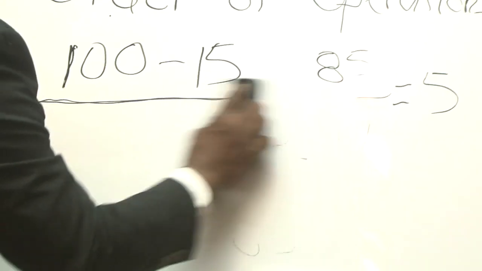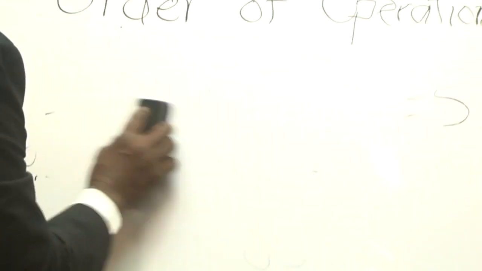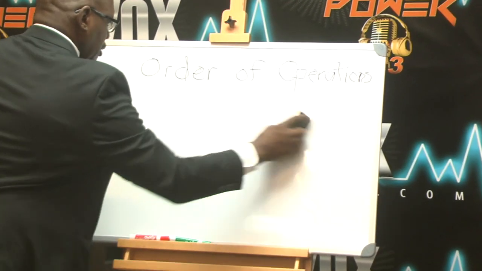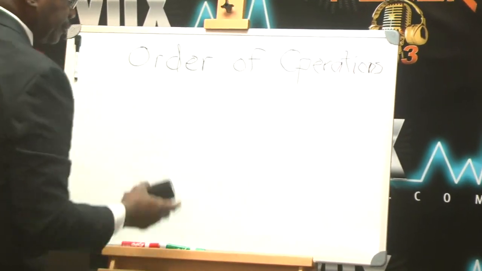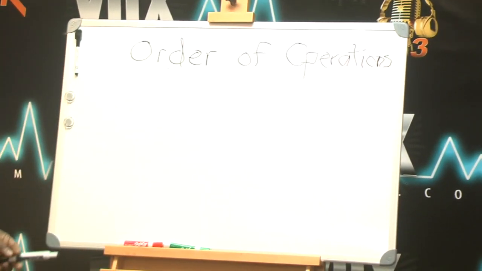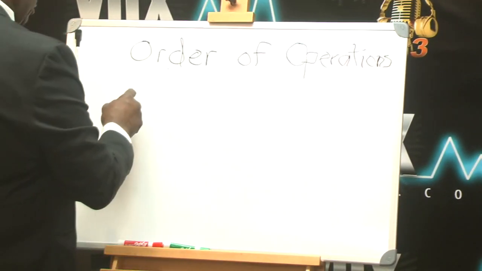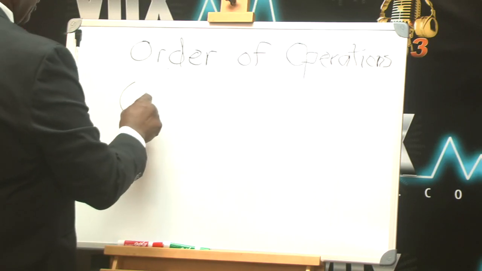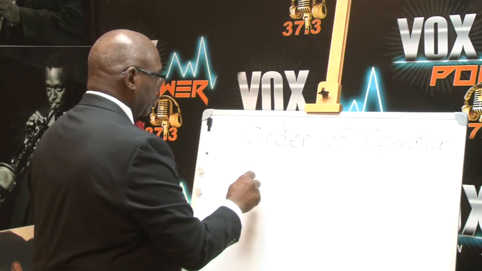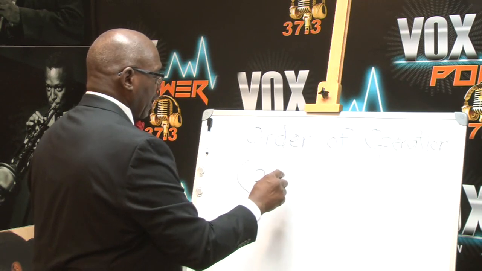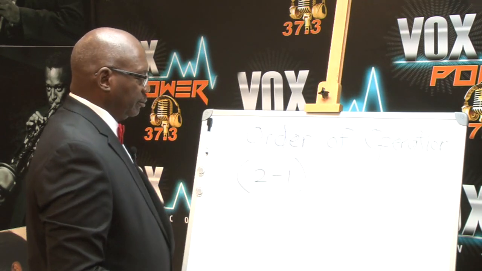And you may get a problem that looks different than this. And that's when we'll have a situation where we'll have parentheses. And inside the parentheses, it will say 2 subtract 1. Okay?